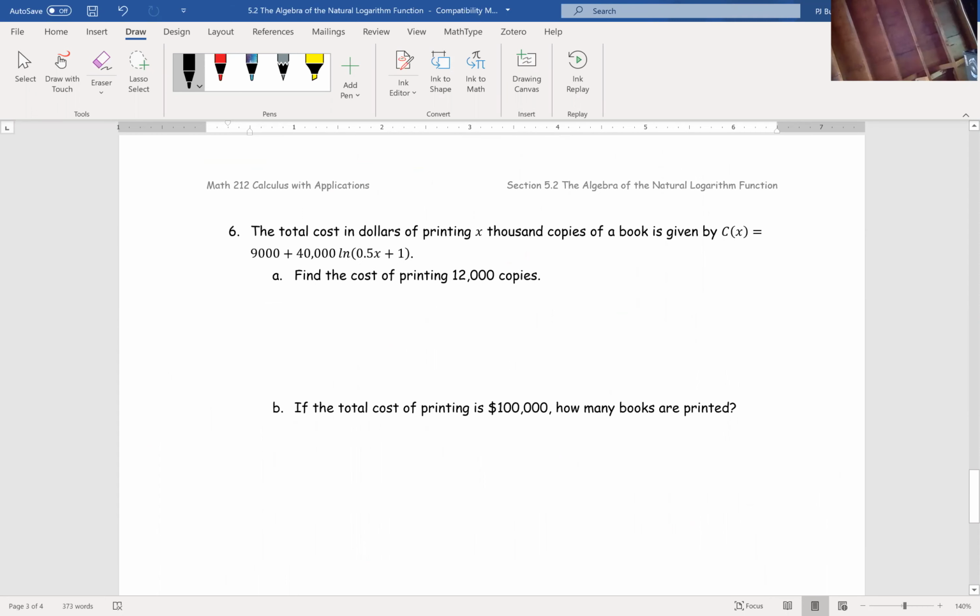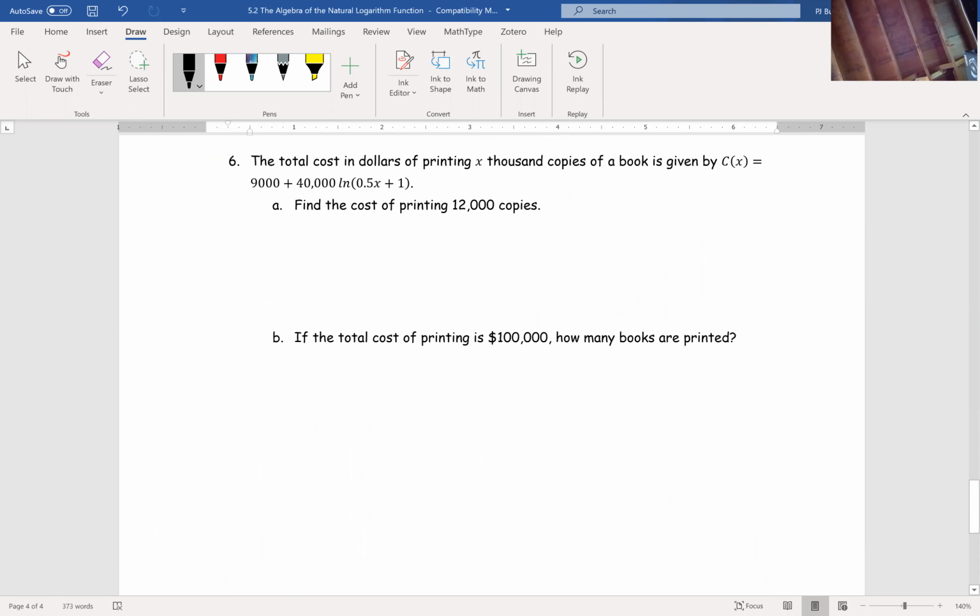All right, so I've got one more here, and I want to at least start the derivatives. So hopefully you guys can help me out with this one. Total cost in dollars for printing x thousand copies of a book is given by this equation.